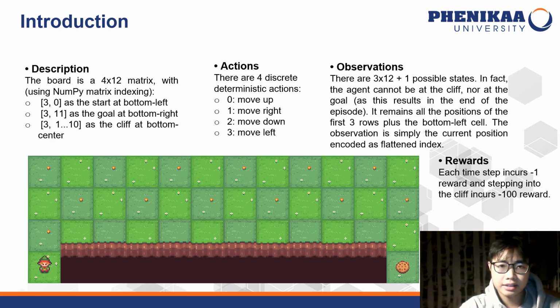The observation here: there are 36 plus 1 possible states, and in fact the agent cannot be at the cliff or at the goal, as this results in the end of the episode. It remains the positions of the first 3 rows plus the bottom left cell. The observation is simply the current position as a flattened index.